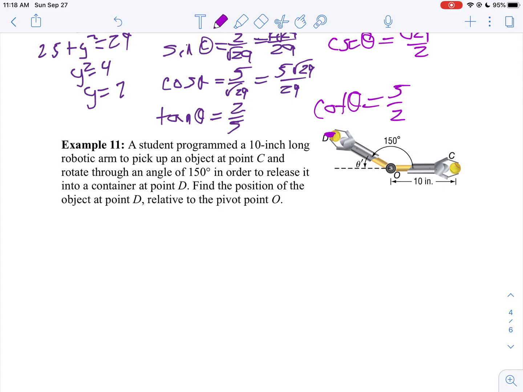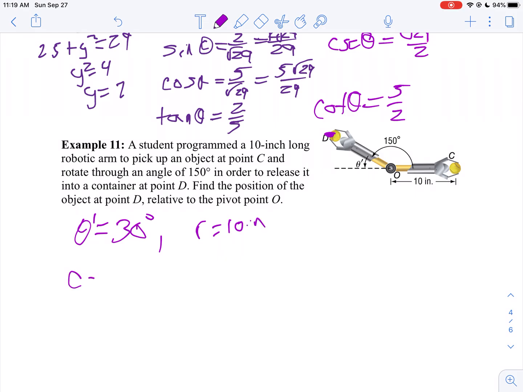Well, we know my reference angle, theta prime, is going to be 30 degrees because your angle is 150. We know r is the length of the pivot arm, which is 10 inches.